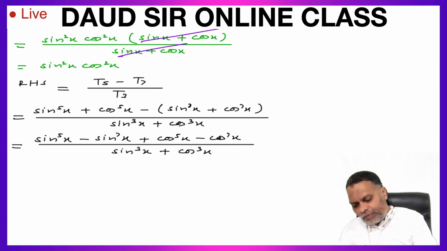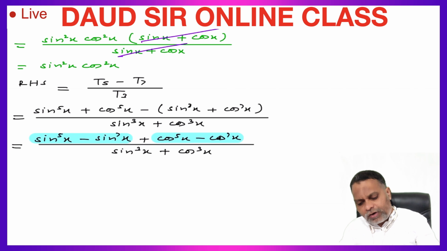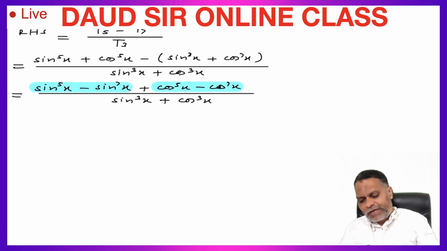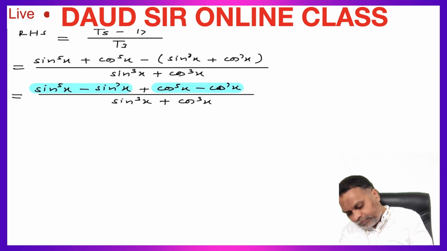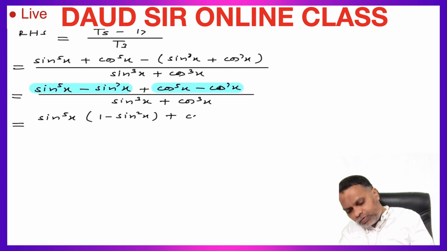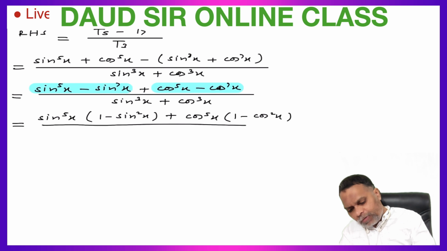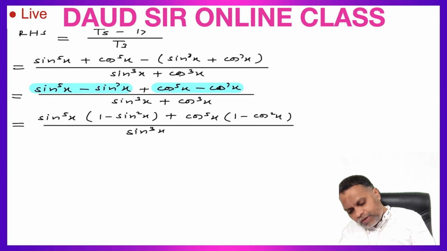Now from here sin raised to the power 5x common, here cos raised to the power 5x common. Take out common, which is equal to sin raised to the power 5x, here 1 minus sin square x left, plus cos raised to the power 5x, 1 minus cos square x left, upon sin cube x plus cos cube x.